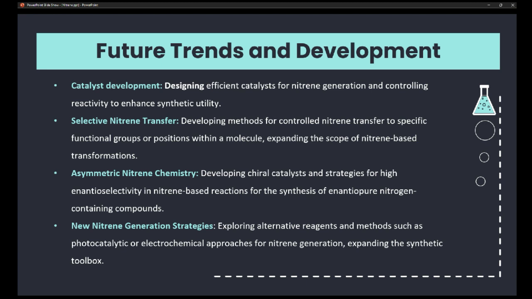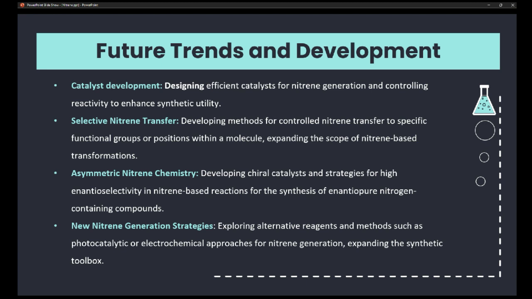Future trends and developments. Catalyst development: designing efficient catalysts for nitrene generation and controlling reactivity to enhance synthetic utility. Selective nitrene transfer: developing methods for controlling the nitrene transfer to specific functional groups or positions within a molecule, expanding the scope of nitrene-based transformations.